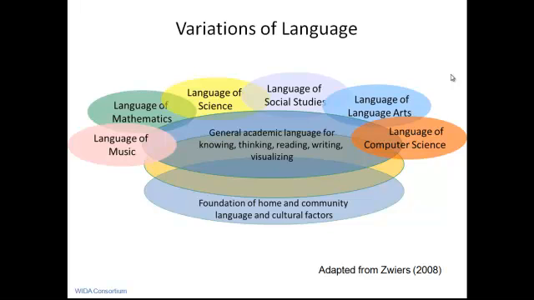More on that in a little bit. Another key element of this graphic is how all of the academic and social language used in the school context is underpinned by a foundation formed by home and community language and cultural factors, which are critical effectors of school performance for English speakers and English learners alike.